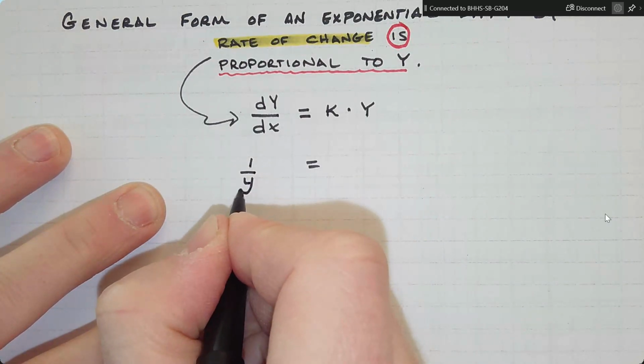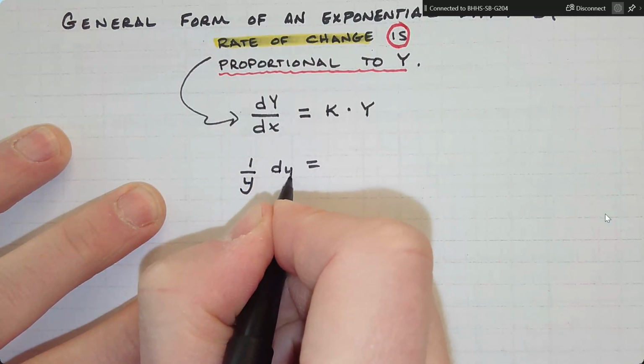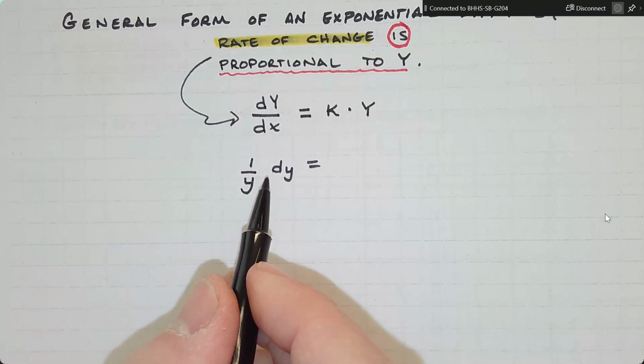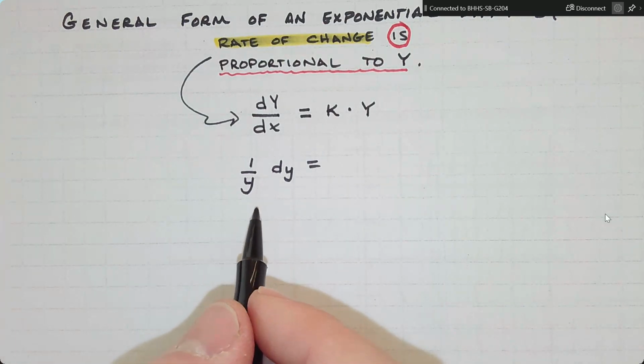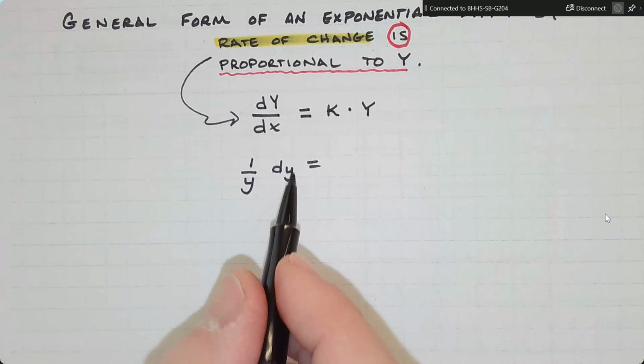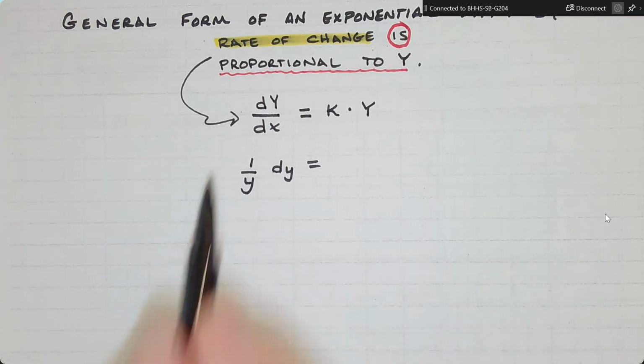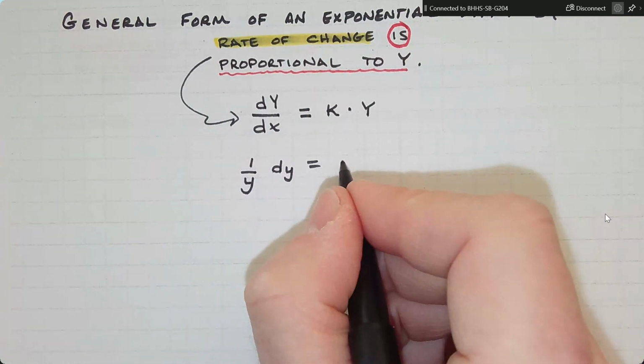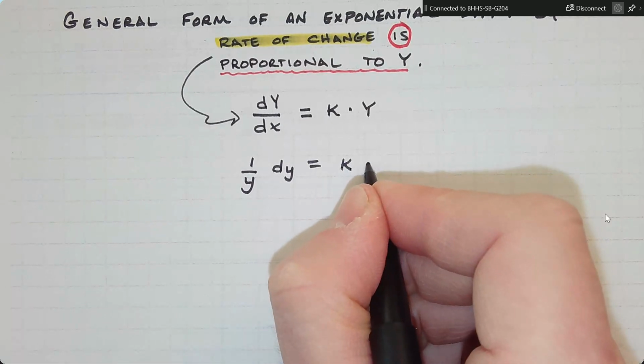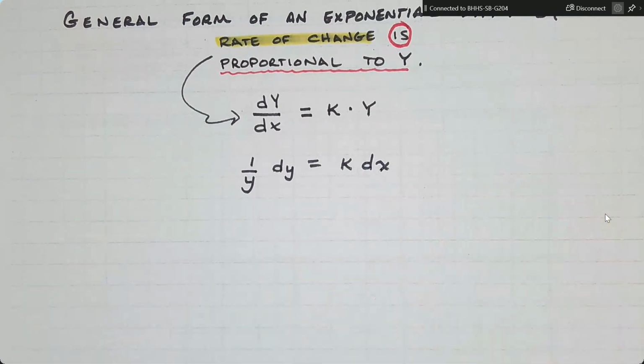You should have something like 1 over y times dy on this side. If you wrote it as dy divided by y, that's great, but it's probably easier to see what's going to happen next if you write it this way. On the other side, you've got this constant k, and it's multiplying dx.